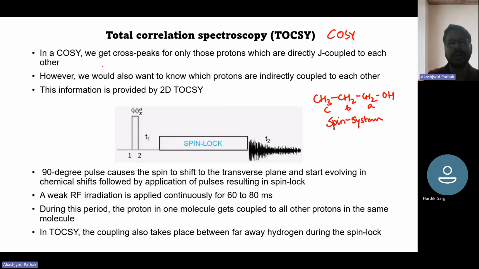That is the limitation of COSY: it only gives us the information of those protons which are directly coupled to each other. But we would also want to know which protons are indirectly coupled to each other.